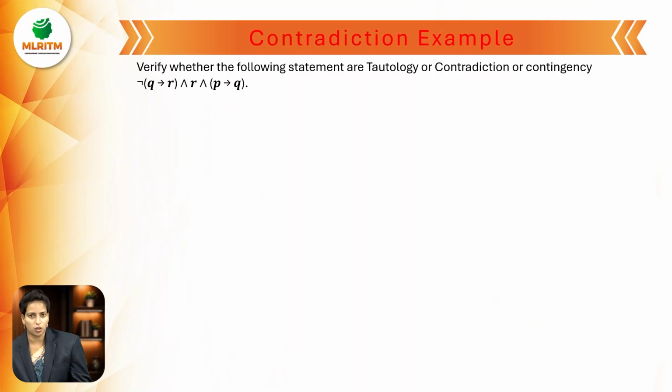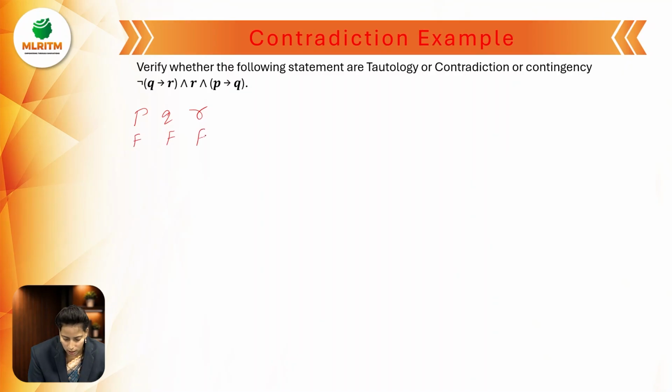So before construction of the truth table, what are we observing? How many variables? P, Q, R. So write it down. P, Q, R. So 3 variables means how many possibilities? 2 power 3 equals 8 possibilities. What are those possibilities?